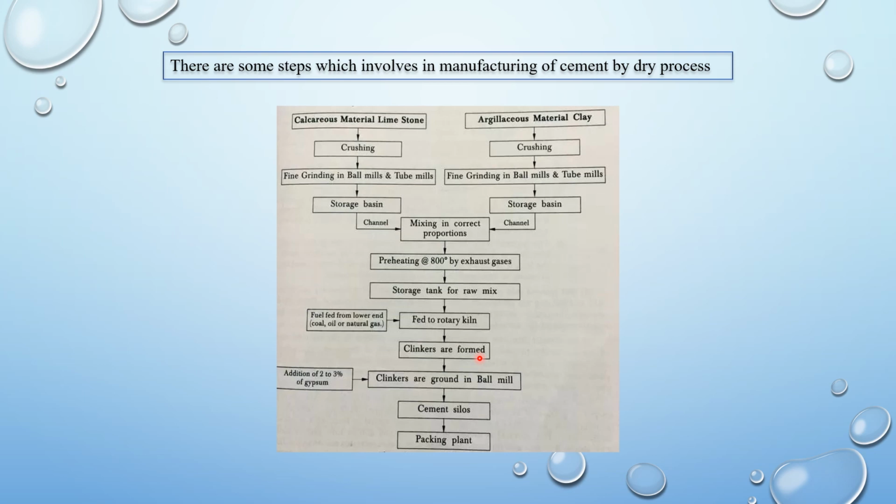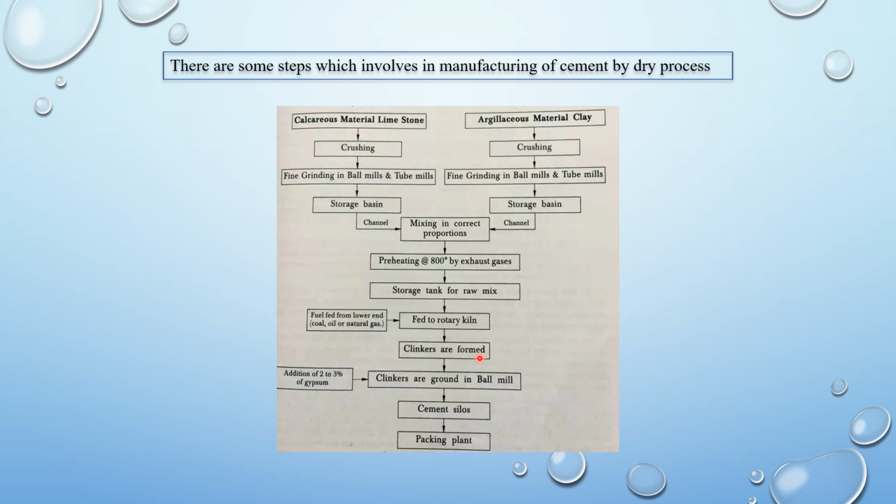From the storage basins, the correct proportion of both raw materials is fed into the next chamber, from where it is fed into the preheaters, where it is heated up to 800 degrees centigrade, where different gases will be exhausted. Now, after the removal of gases, that raw material is fed to the storage tank. From the storage tank, that raw material is fed into the dry kiln or the rotary kiln.